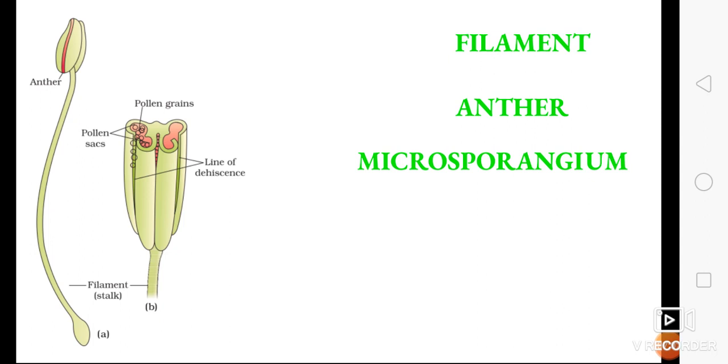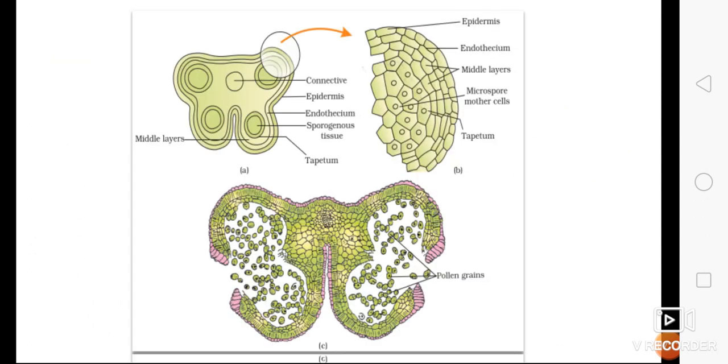In the second diagram, at the cut plane, we can observe 4 microsporangia. To learn the details, observe these figures. In the first figure, 4 wall layers of microsporangium are labeled.